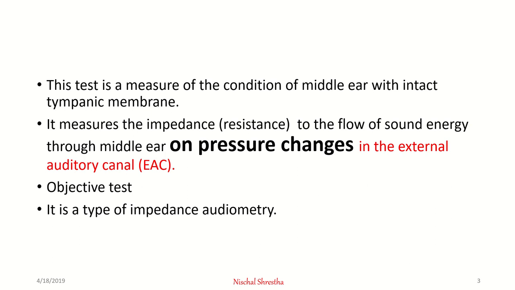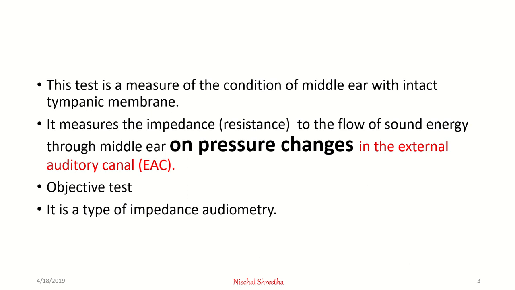So it offers some resistance, so the whole of the sound cannot enter into the middle ear. Some of it enters and some of it gets reflected back, and how much sound gets reflected and how much can enter depends on the tympanic membrane condition.